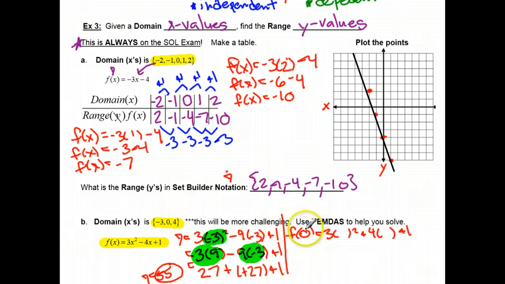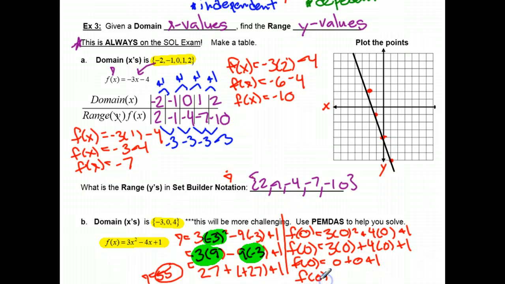And now because I'm putting 0 into the function, the x value, once again we're going to do our exponent first. So now my f of 0 is going to be 3 times 0 squared is 0, plus, bring everything down. Alright, so I'm still solving for f of 0. 3 times 0 is 0, minus 4 times 0 is 0, plus 1. So now, the f of 0, when I plug in 0 for my x, the y value or the range is 1. Okay?